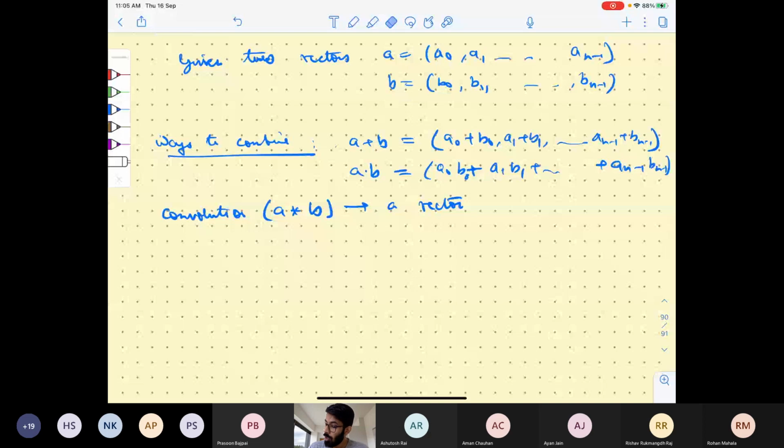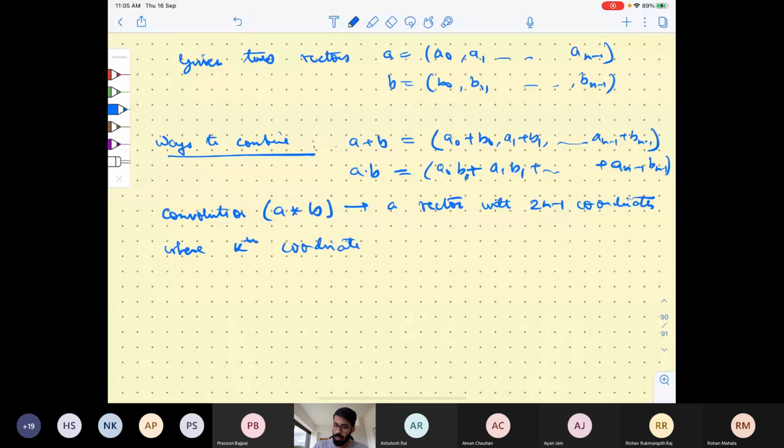Anyway, so the convolution of A and B, let's say if A and B both have n things, is a vector with 2n minus 1 coordinates, where the kth coordinate is given by the summation over i plus j equal to k.